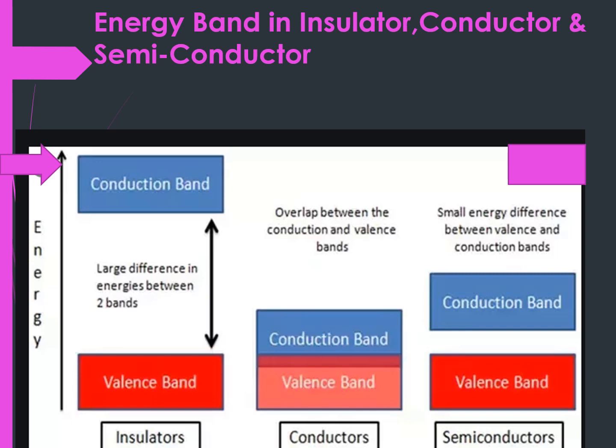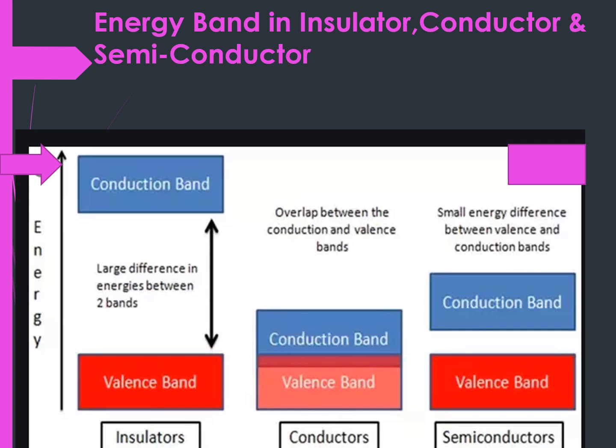The structure will itself change. So that's why in an insulator there is a lack of free electrons. The electrons cannot jump from the valence band to the conduction band easily because there is a huge gap between the valence band and the conduction band.